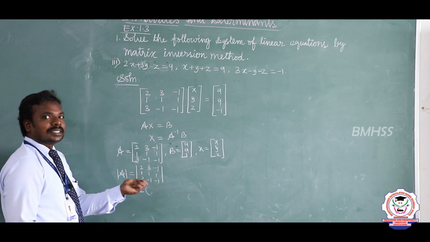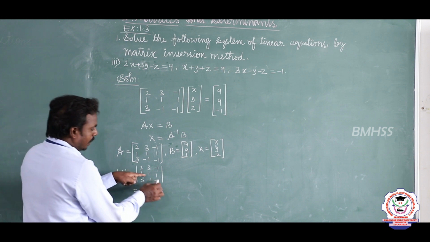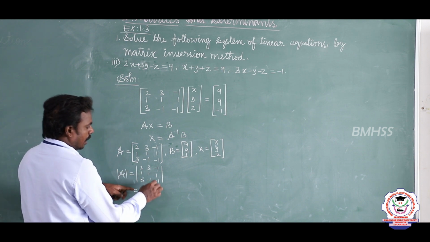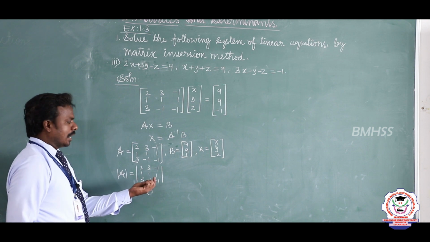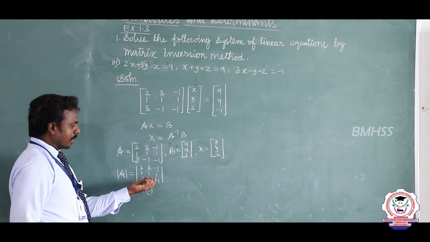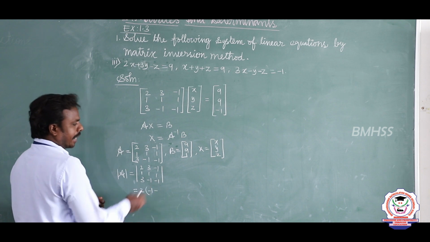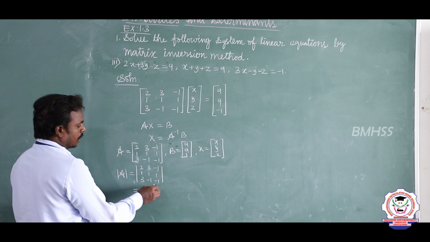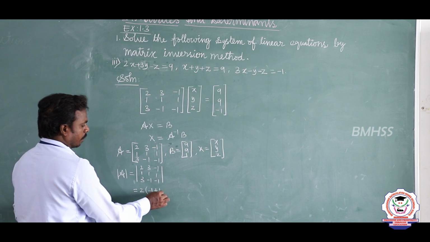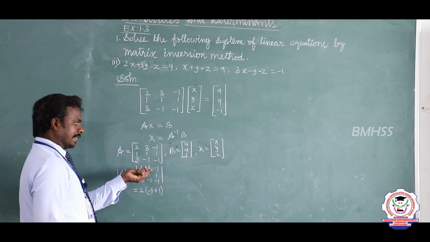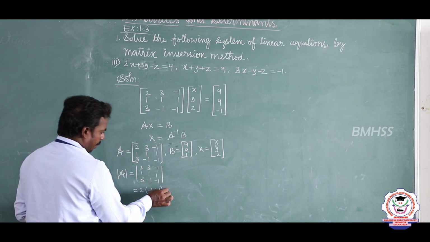The remaining 4 elements' determinant I am going to find. So 1 into minus 1 is minus 1, and for the other diagonal multiplication we put minus. Already minus is there, so minus and minus make plus. So plus 1 into 1, 1, and while taking the center value we should keep minus 3.